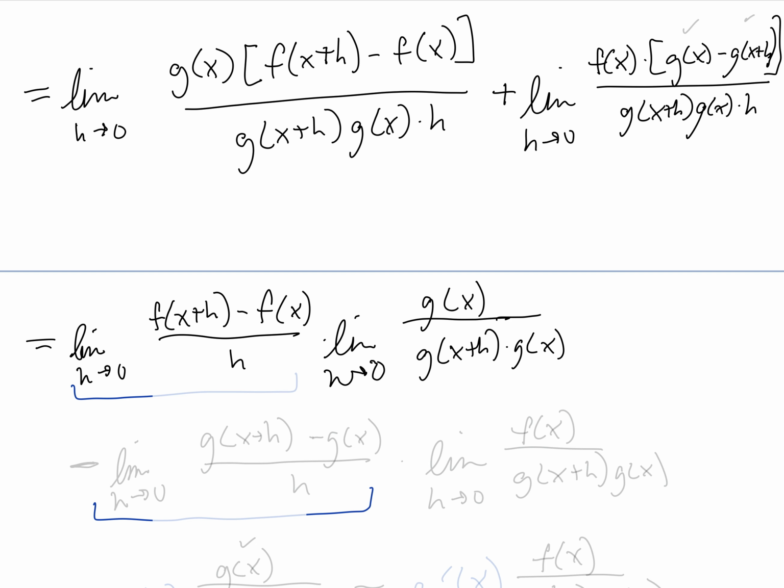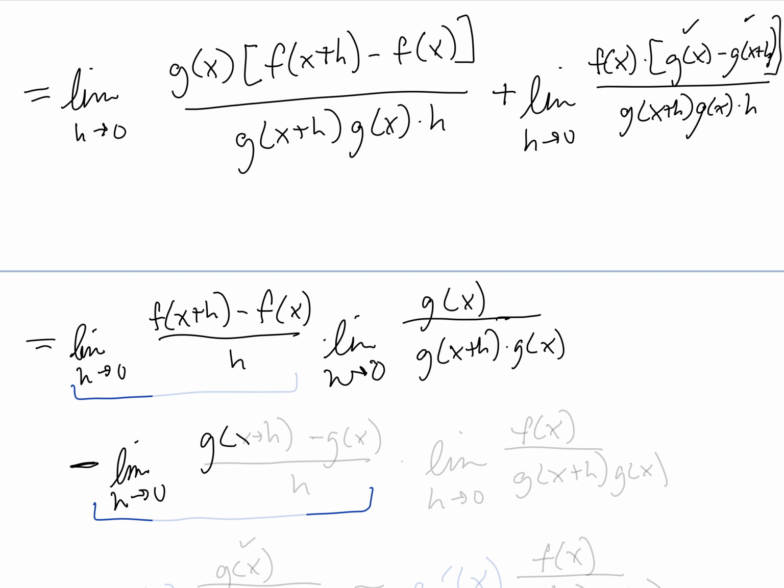plus the limit as h goes to 0. So what I see there is close to the definition of the derivative, because I've got g of x minus g of x plus h. Notice that's the opposite of the derivative. We normally have g of x plus h minus g of x divided by h. So I'm going to take a negative out front and switch the order of those two things.